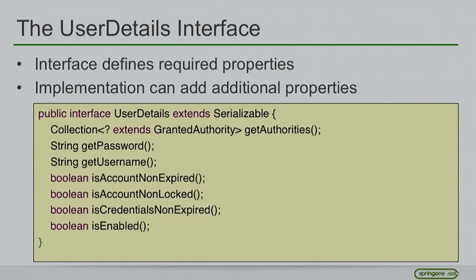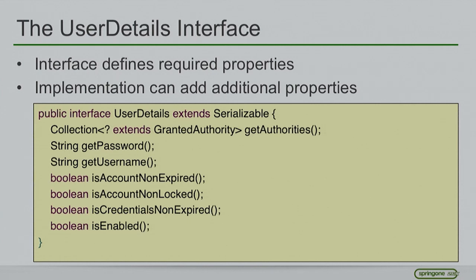If you've done that kind of thing before, you know it's a very flexible architecture. Because everything is based on programming to interfaces, you just define your own user details object and your own user details service, plug that in, and I'll show you how to do that in a second.